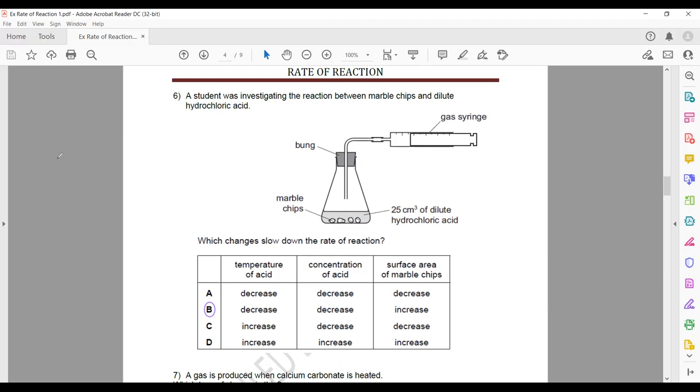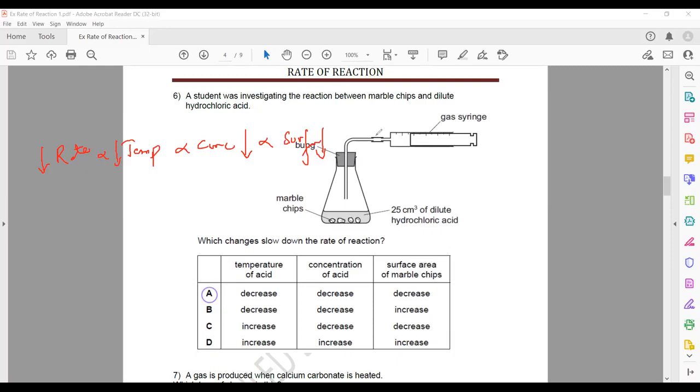The rate of the reaction is directly proportional to temperature, concentration, and surface area. So if we want to decrease the rate, we should decrease the temperature, the concentration, and the surface area.